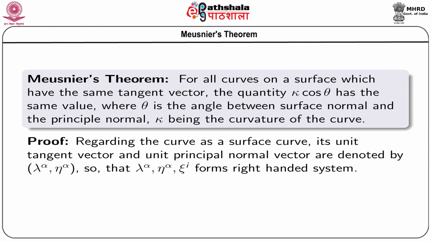And we have considered lambda alpha, eta alpha and xi i, the surface normal vector, which is a space vector, in such a way that they form a right handed system.